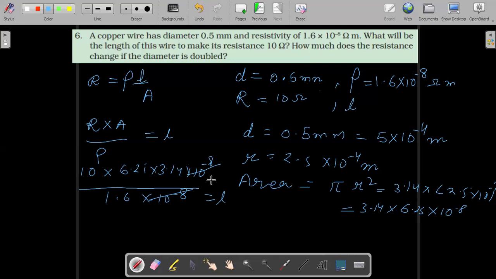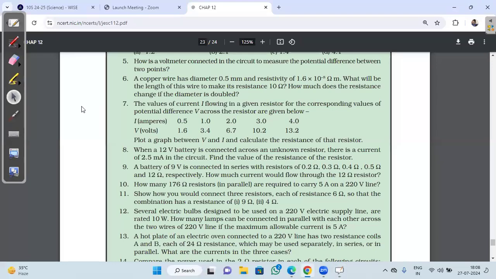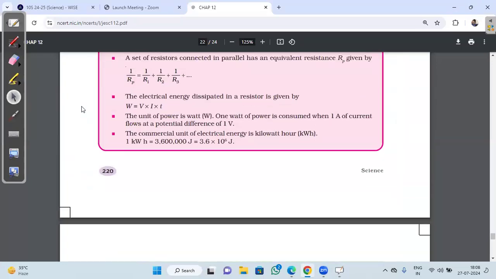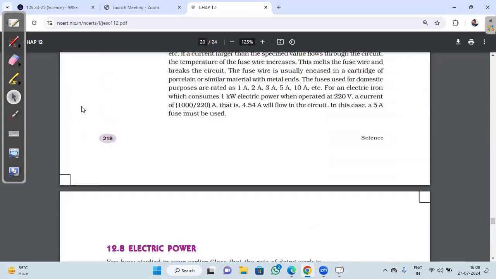I just gave one more question so that you can practice that. Here I'm adding one more question, you can practice that. Its solution is already given in NCERT.